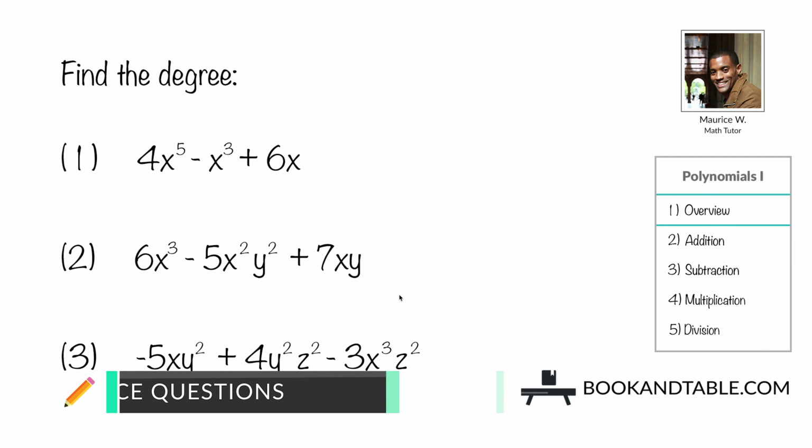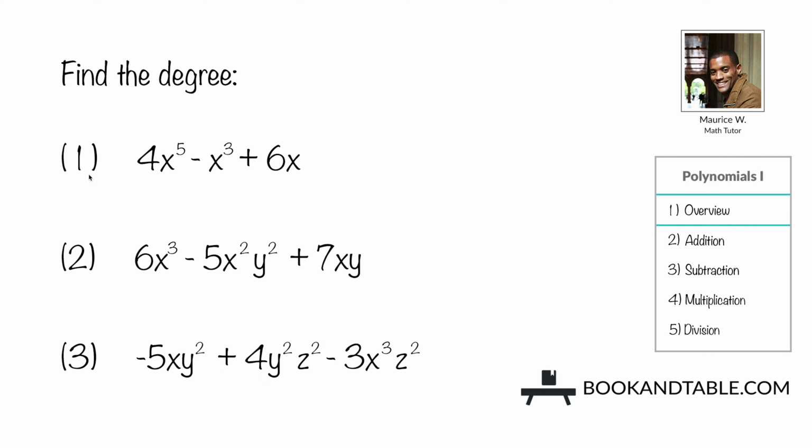Let's now have you try a few practice questions. Question number 1. Find the degree of 4x to the 5th minus x cubed plus 6x. Question number 2. Find the degree of 6x to the 3rd minus 5x to the 2nd y to the 2nd plus 7xy.